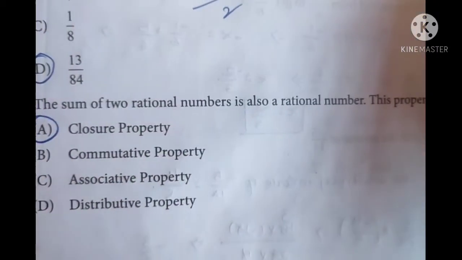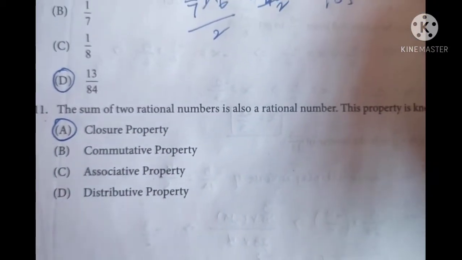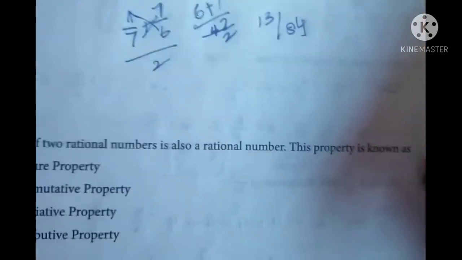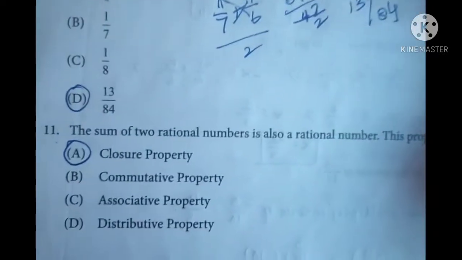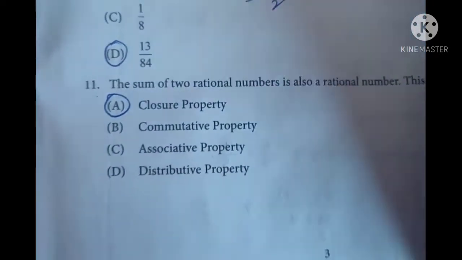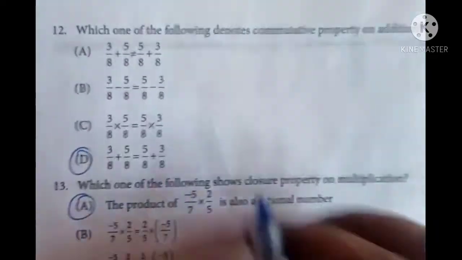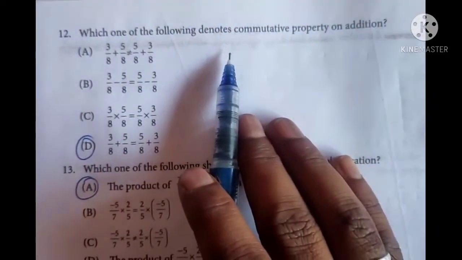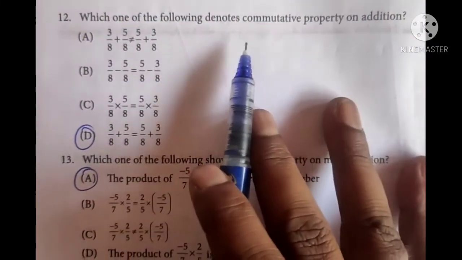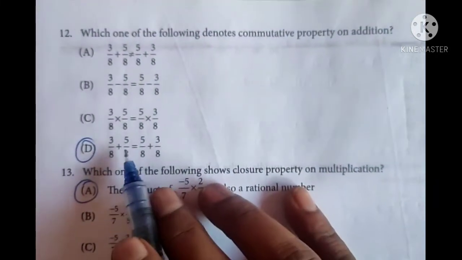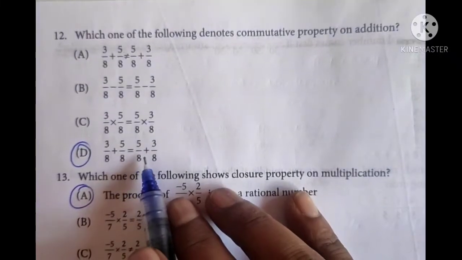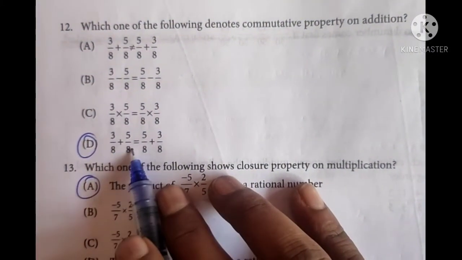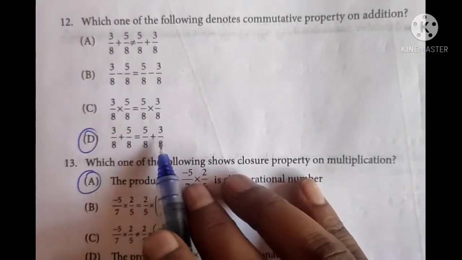The sum of two rational numbers is also a rational number. This property is known as closure property. A is the correct answer. Which one of the following denotes commutative property of addition? 3 by 8 plus 5 by 8 equal to 5 by 8 plus 3 by 8. a plus b equal to b plus a.